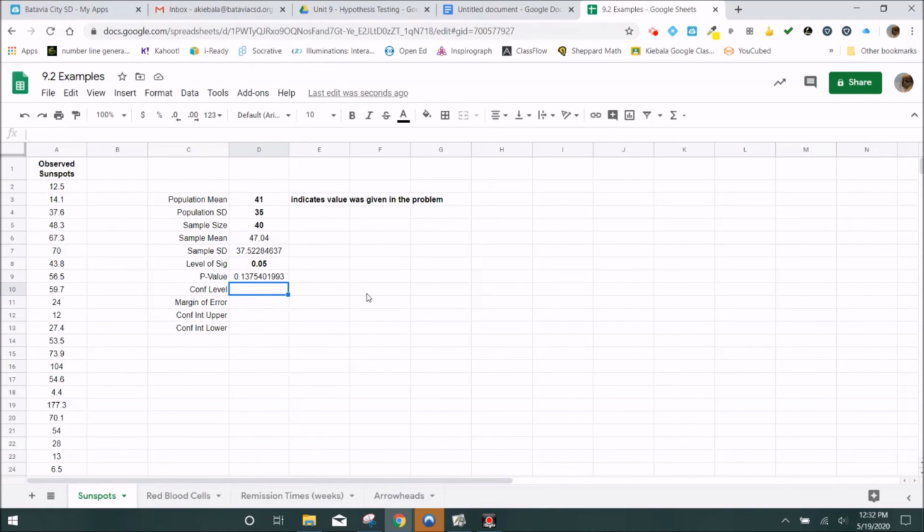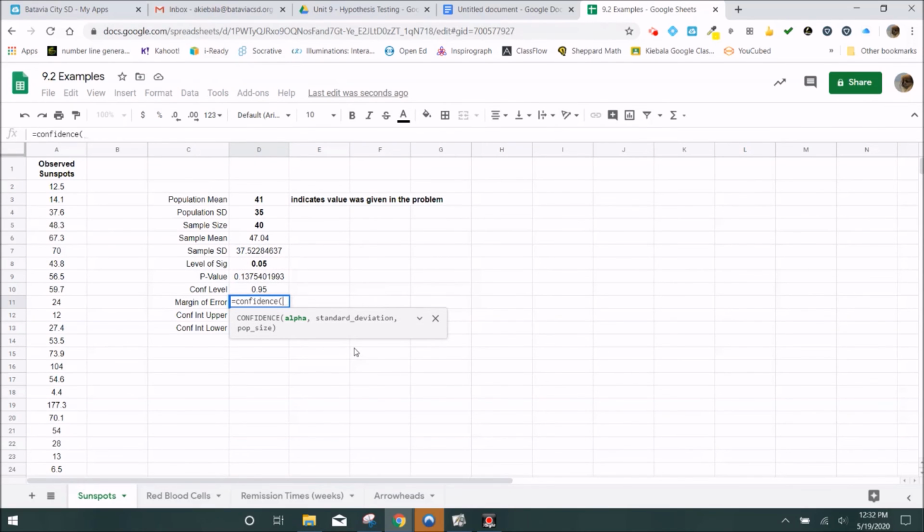Now, it doesn't ask for this in the problem, but let's say that we wanted a 95% confidence interval. So the confidence level is 95%. I'm going to make it 0.95. So the margin of error, we would calculate that by doing equals confidence. And we're just going to do regular confidence interval.